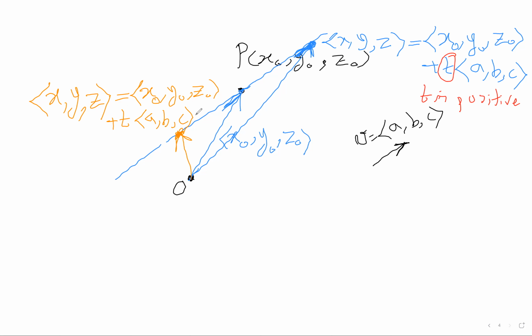This time this t is negative, so t is less than 0. And t equals 0 gives me exactly point P, or the vector that connects the origin to the point P.